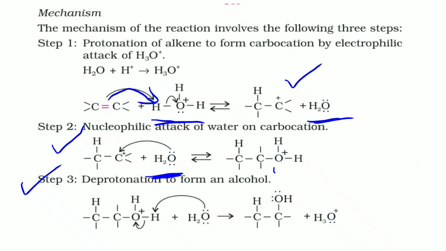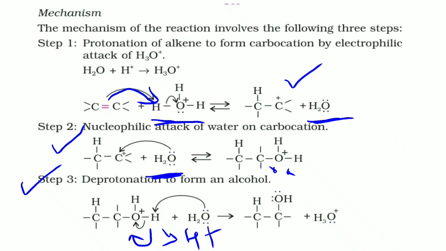Since it still carries one lone pair of electrons and also has a positive charge, to neutralize this effect, the electrons from this bond will be shifted toward the oxygen and this H becomes free. H plus will be free over here, right?